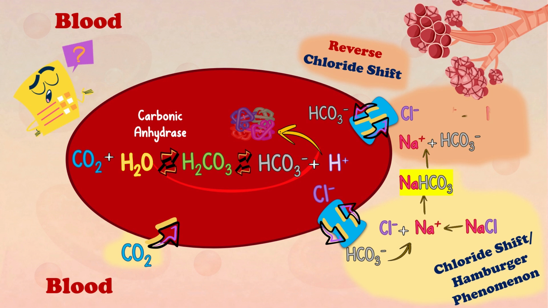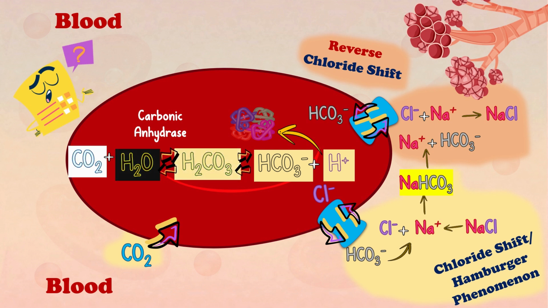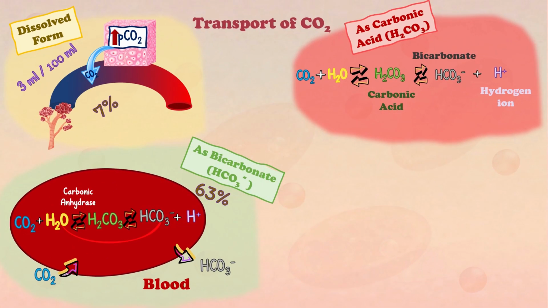Here, it combines with sodium and forms sodium chloride again. Now, the bicarbonate ion inside the red blood cell combines with hydrogen ion and forms carbonic acid, which dissociates into water and carbon dioxide. The carbon dioxide produced as a result is then expelled out. So, that was how carbon dioxide is transported as bicarbonates.